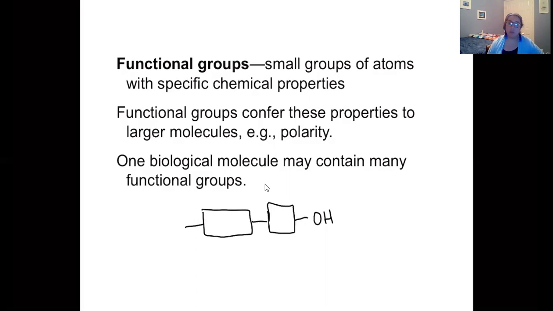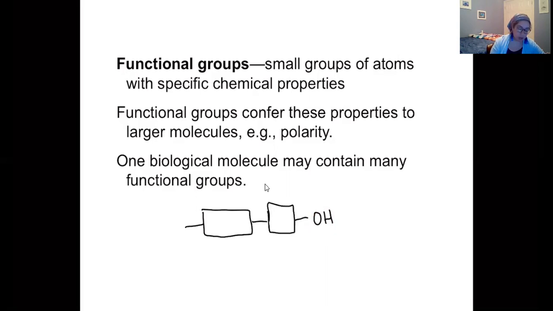So there's only one shared electron pair here between the oxygen and the hydrogen. So even though what you may see is the same exact functional group, I may write it different ways to show what is bonding to what.